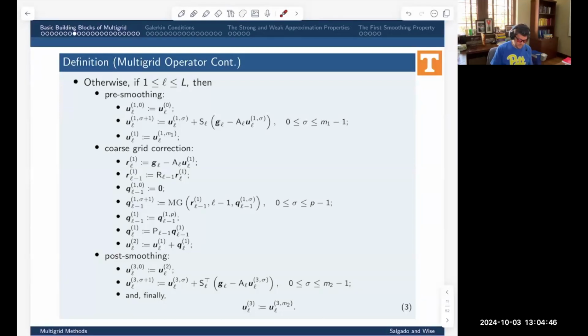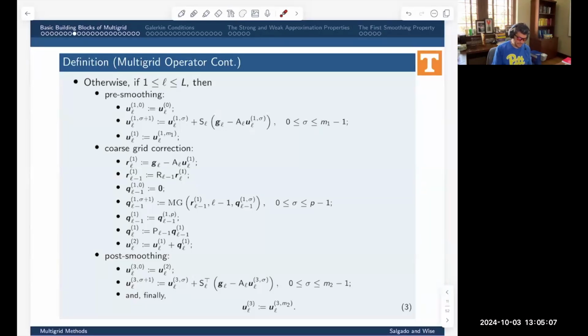Post-smoothing, we use this as our initial guess or our initialization for a smoothing iteration. Now here we're going to symmetrize our iterator by using, instead of S_L as our iterator, S_L transpose. And this is exactly how you symmetrize your smoothing step.